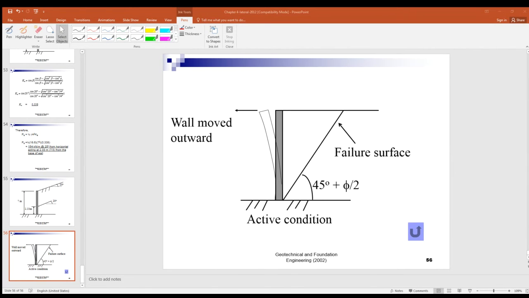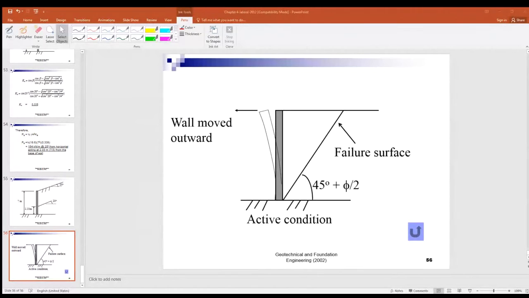For a building, what's the horizontal force? The wind load. So anything connected with horizontal movement is a catastrophe, 一個災難性. So that's why the engineer will be very careful in dealing with the horizontal force, particularly the location of the horizontal force.